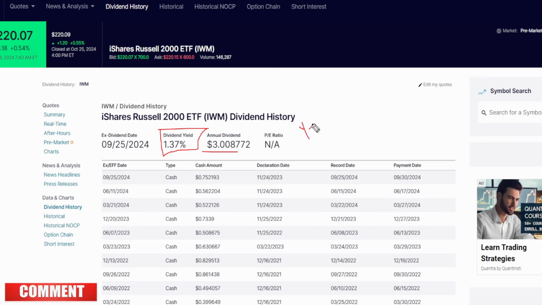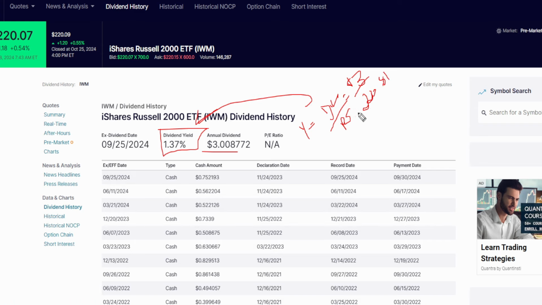yield here is just the price of the dividend divided by the price of the shares. If you divide $3 by the price right now, I think it's 220.51, you get the yield.